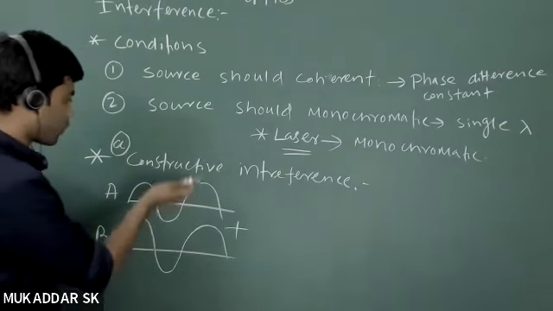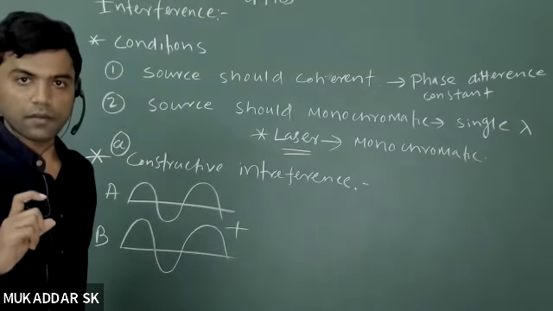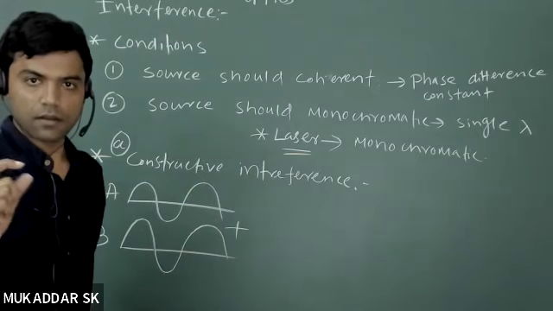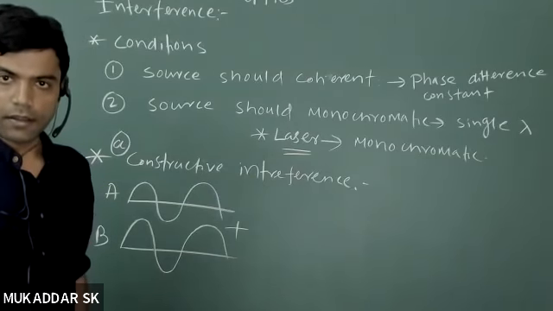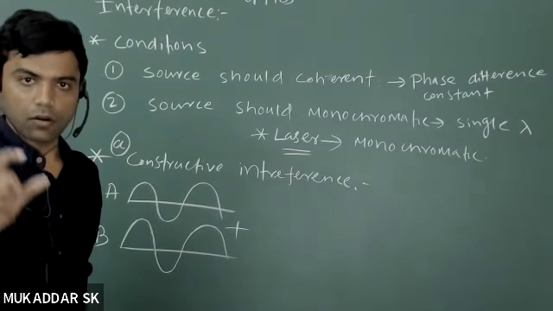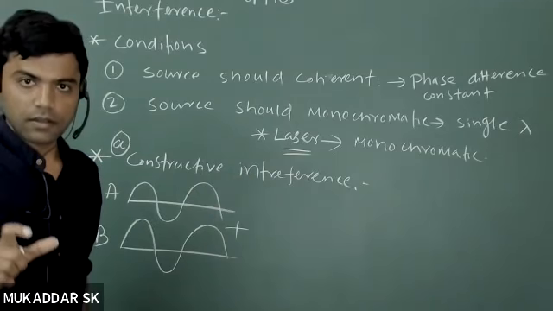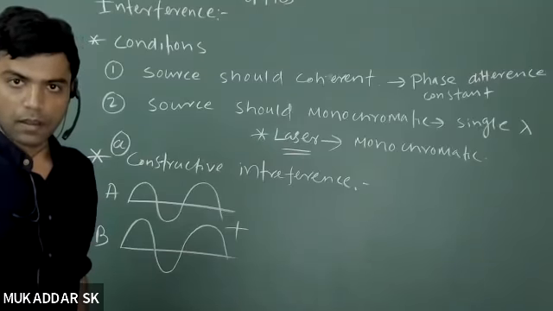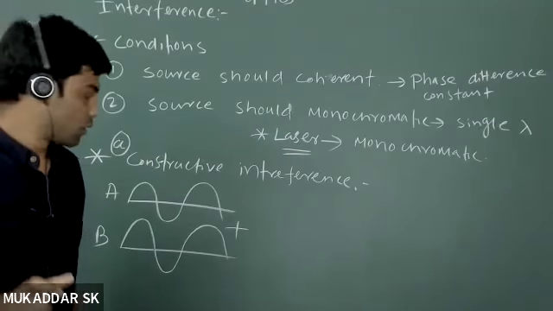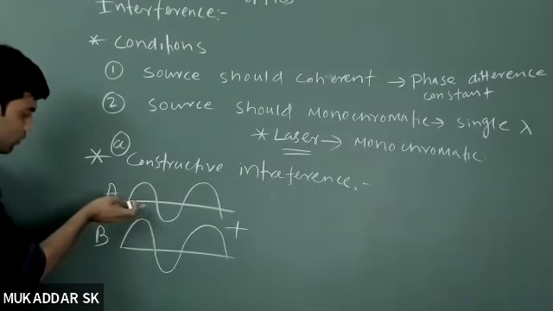So constructive interference will occur when two or more waves have a phase difference like 0, 2 pi, 4 pi, and so on. In constructive interference, the resultant wave will have a higher amplitude compared to the individual one. Okay, so this is the case of constructive interference.